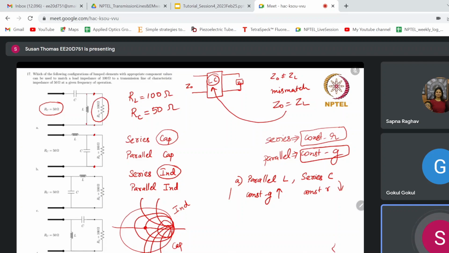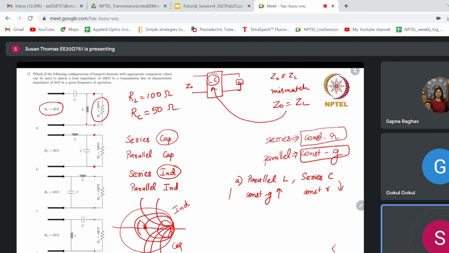Okay, I can just roughly draw this on the Smith chart. Suppose you add a parallel inductor along the constant G circle, so the move goes something like this, and finally it comes. So if you add a series capacitance, it comes back to the matched point.